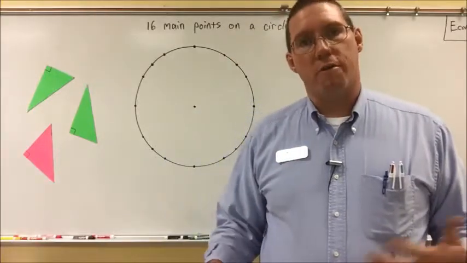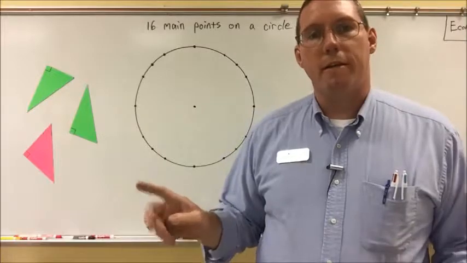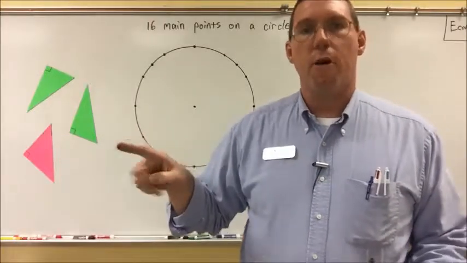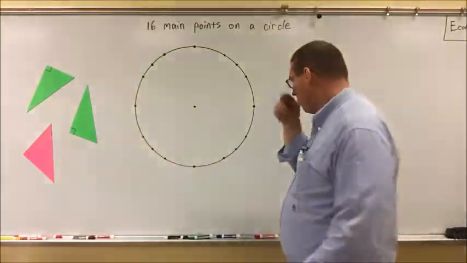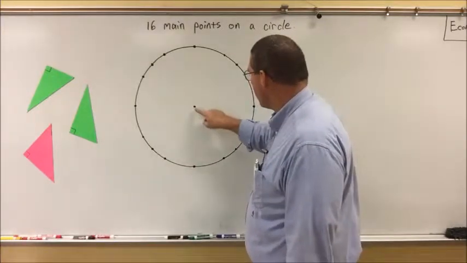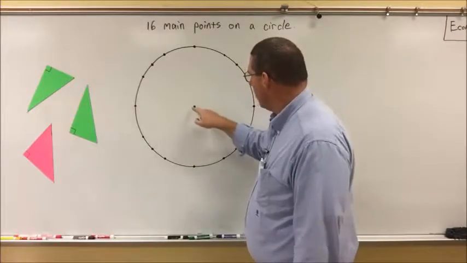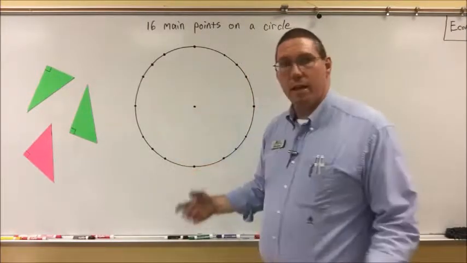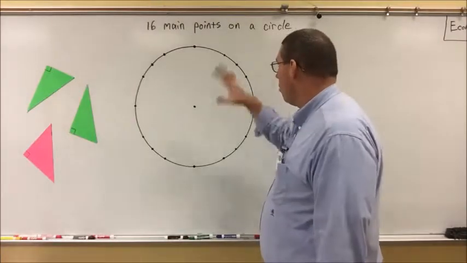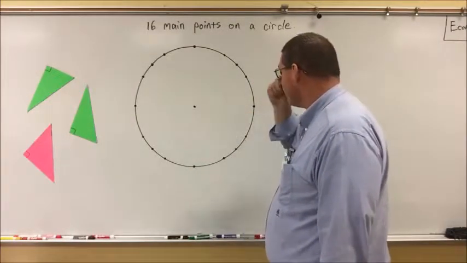All you have to do is tell me where the center of a circle is, tell me what its radius is, and that automatically defines the entire circle, because all the points on the circle are precisely the same distance away from the center. So the distance from here to here is the same as the distance from here to here, same as the distance from here to here. It's an equal distance all the way around the circle from the center.